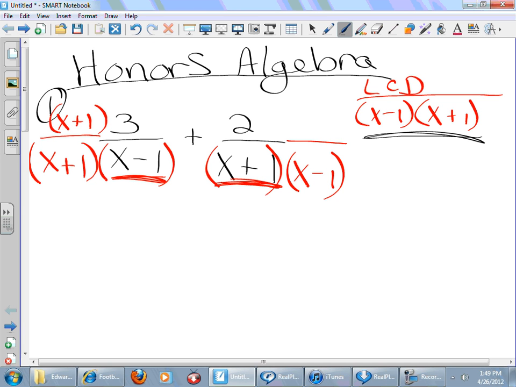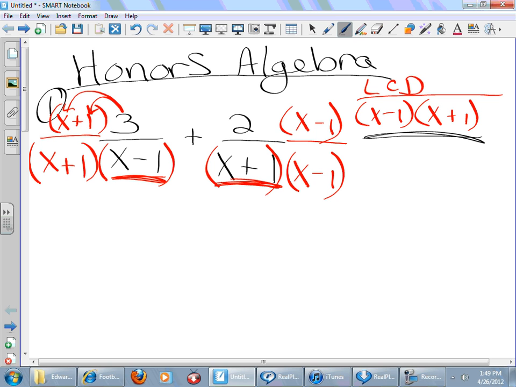And if I multiply downstairs, I have to multiply upstairs because I'm only multiplying by a very special form of 1. I'm not changing the fraction or the rational expression. I'm just changing the way it looks. Now I am going to distribute this 3 to the x plus 1.